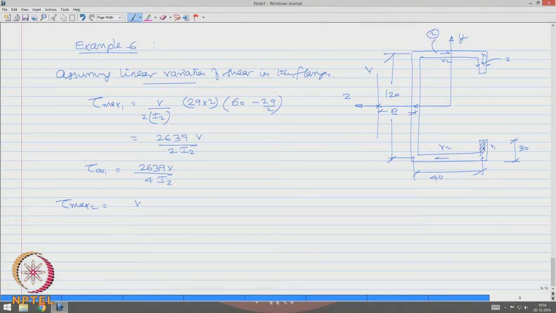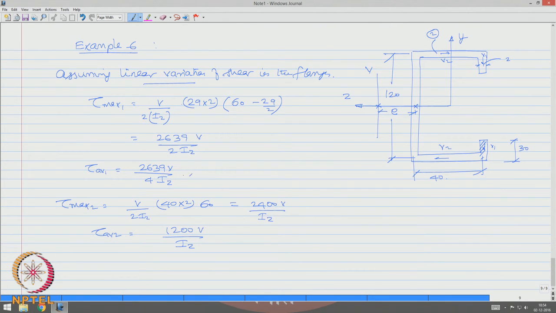Similarly, tau max 2, that is for this piece, will be V by 2 I z. The piece area is 40 into 2 and the distance of C G is 60, which gives me 2400 V by I z. So, tau average 2 will be 1200 V by I z.